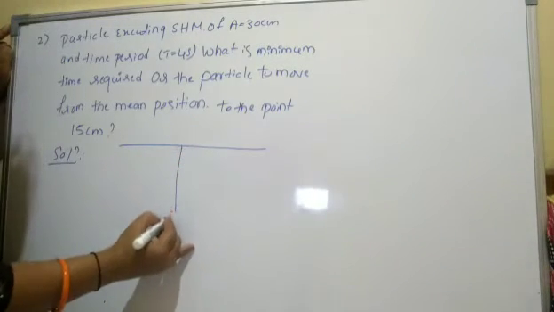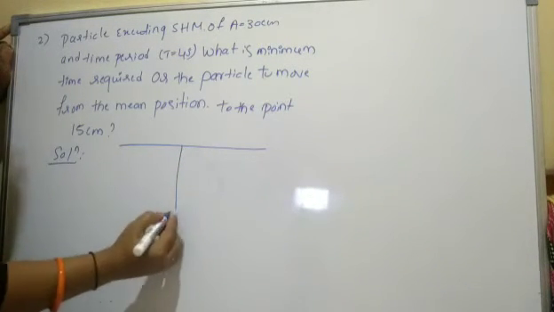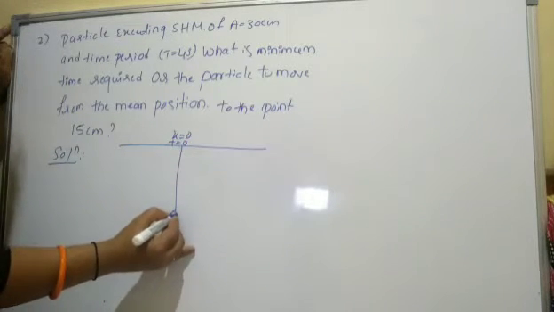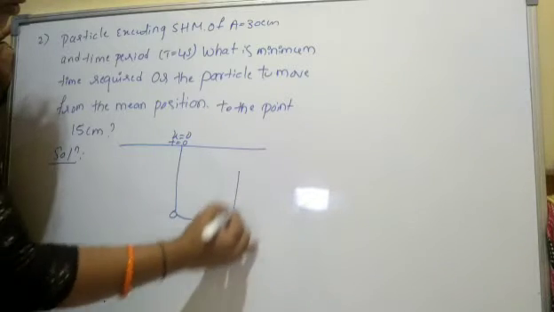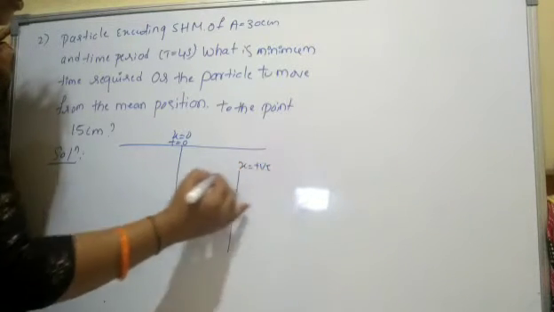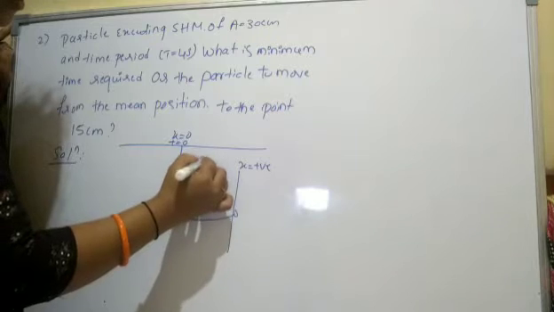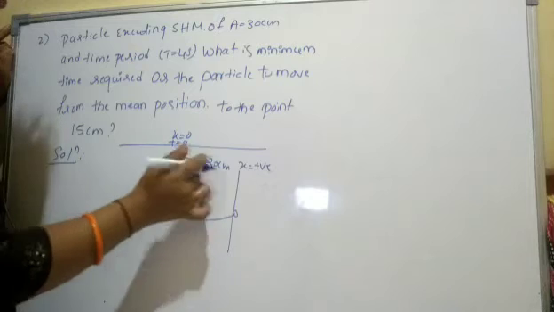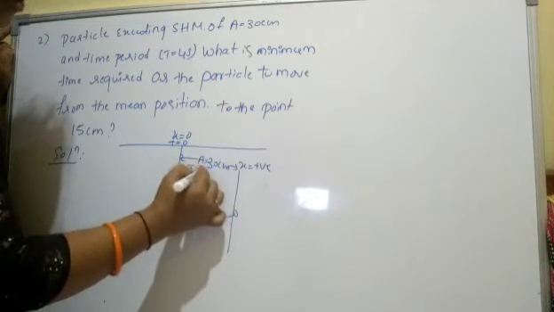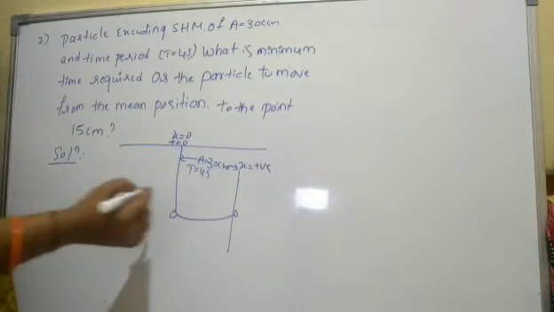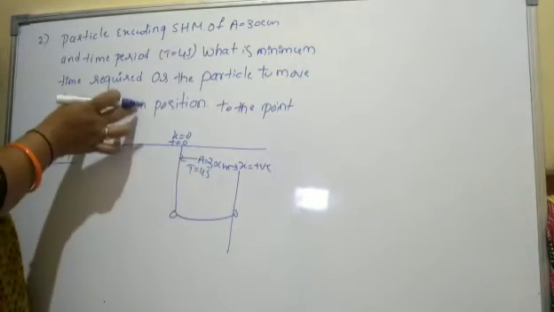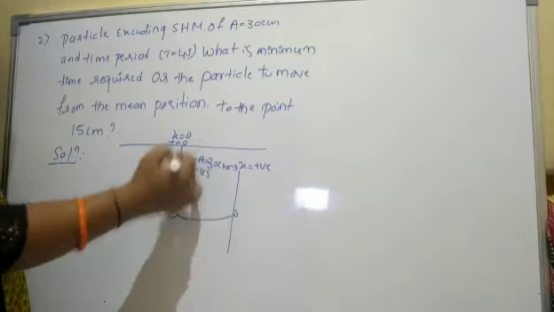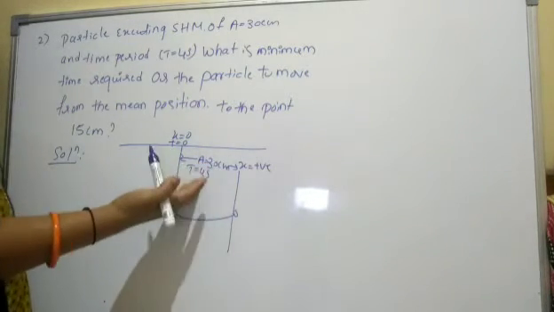So the particle is at the mean position right now. It is moving to the next extreme position, on the positive side. Amplitude is given as 30 centimeter. To reach this, the time period is 4 seconds, right? So it is asking the minimum time to reach 15 centimeter, which is half of 30 centimeter.